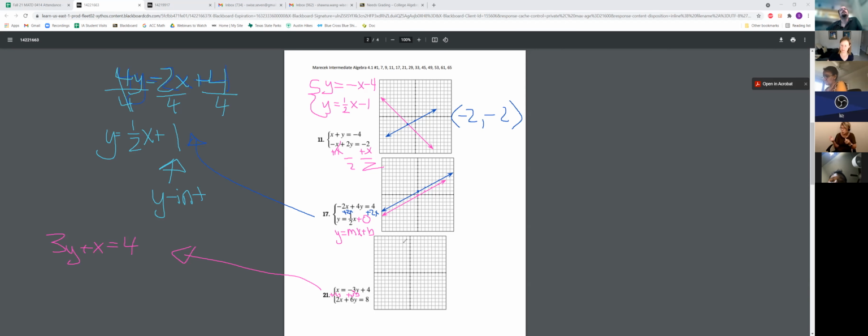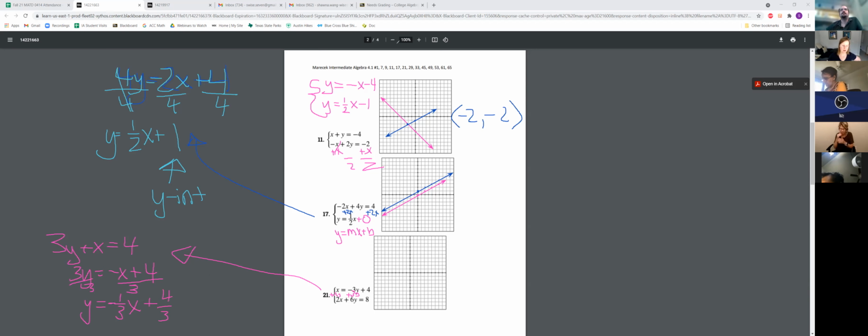You move the x, so you get negative x plus 4. And then divide to get rid of the 3, dividing each of them. So y equals negative 1/3 x plus 4/3. Yuck. That one's hard to graph.